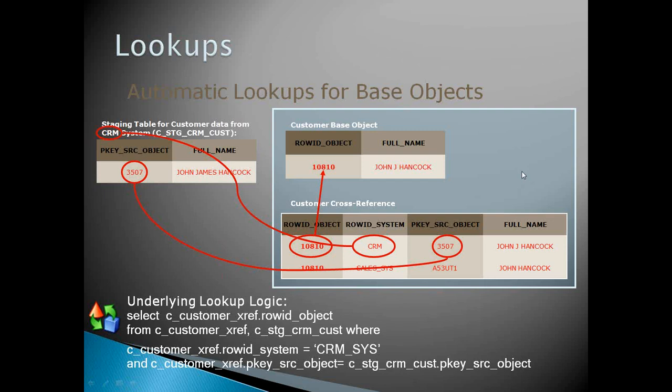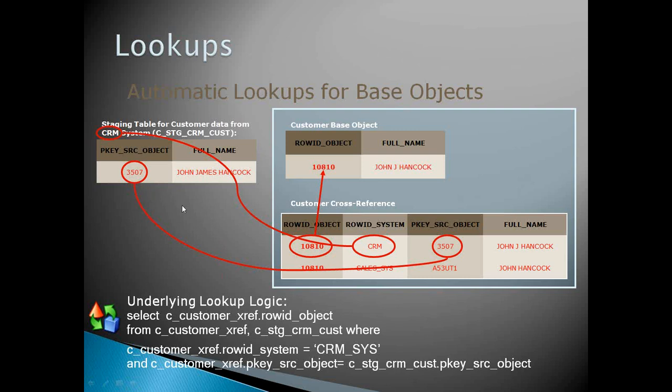Just a quick question on your last statement. This is the example when you already have two records in your cross-reference table and another record coming through, and we match on those columns, and that's why it knows it's an update. But you said that if this record is new, it will be inserted into the customer base.